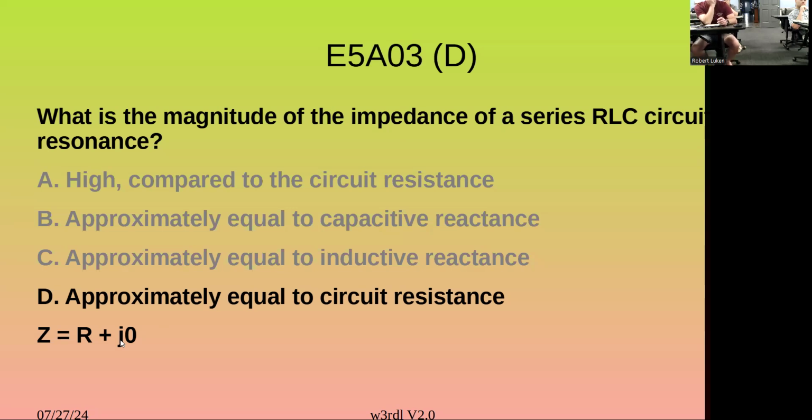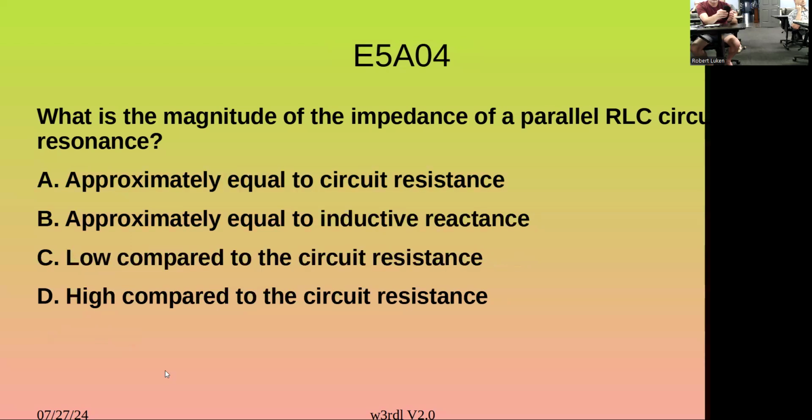It's 90 degrees orthogonal to the real, and when you plot it, which we'll get to in a little bit, that's why you do that on the y-axis. Actually, that would be the same question if it was parallel as well. Yes, okay, the answer is going to be the same. That might be the next question.